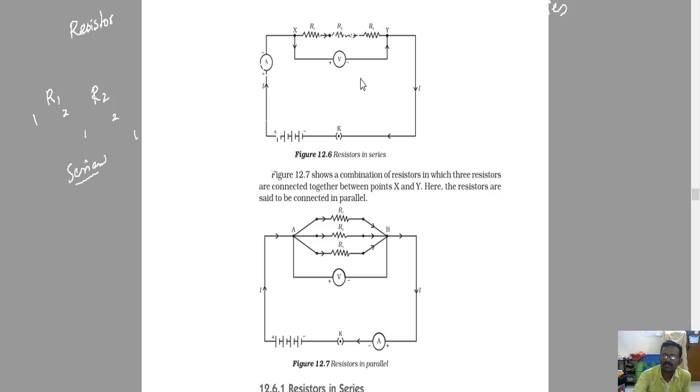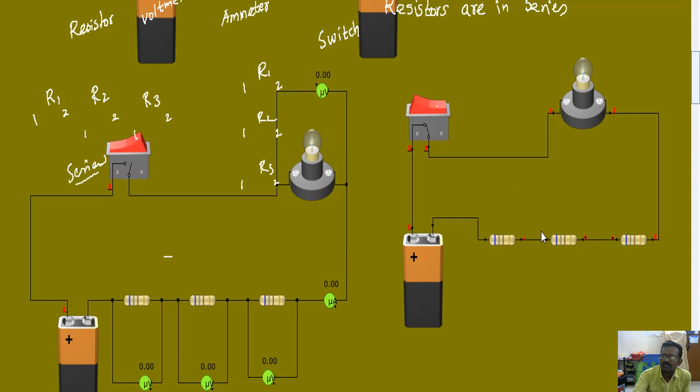See, this is in your book. I have constructed this connection as in this picture. This serial connection, what does it mean? Now you listen. This is the plus terminal of the battery, this is the minus terminal of the battery.